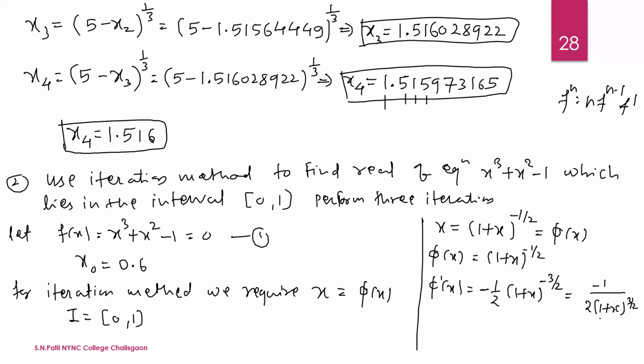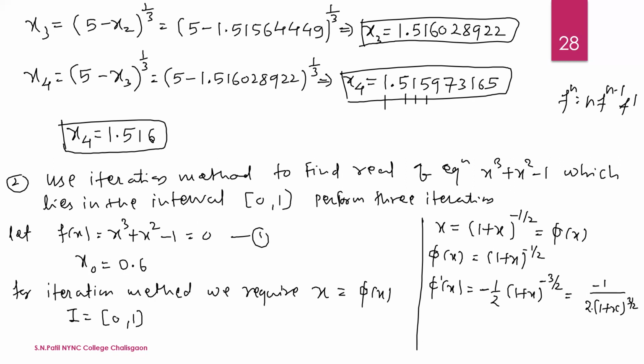Similarly, for the highest value, when we put x is equal to 1, 1 plus 1 is 2, 2 raised to 3 is 8 and its square root, which is definitely greater than 2.